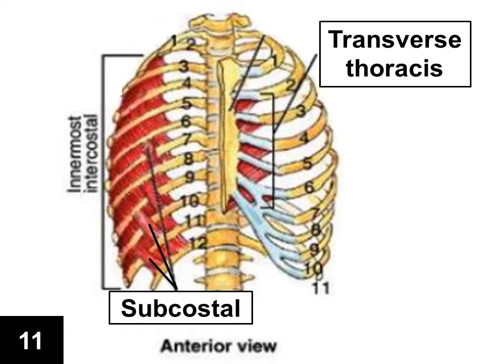This is the slip on the right side. See the slips, we said from the 2nd to the 6th rib, from the lower part of the sternum, back of sternum, to the ribs from 2nd to 6th.